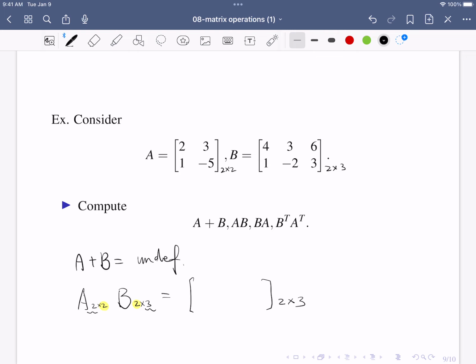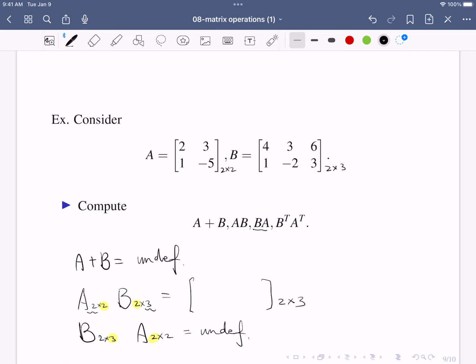So you need to determine 6 numbers. We're going to do this in the next slide, but let's first look at BA. B is 2 by 3, A is 2 by 2. The second component of B's shape is 3 and the first component of A's shape is 2. 3 is not equal to 2, so this is undefined, and we don't need to do any calculation.